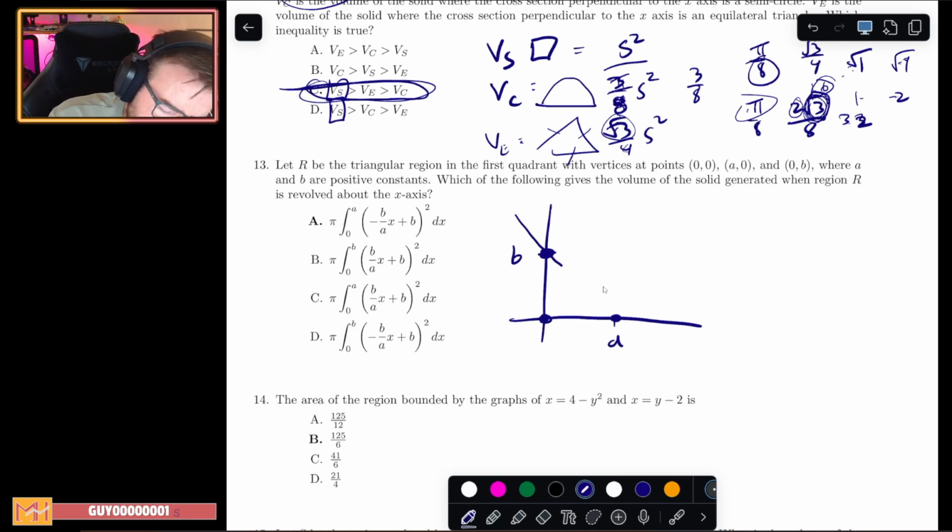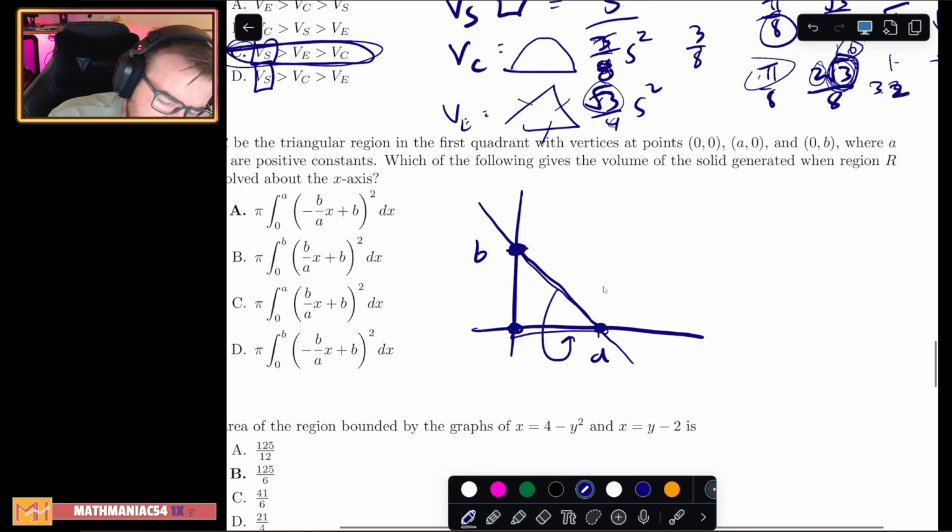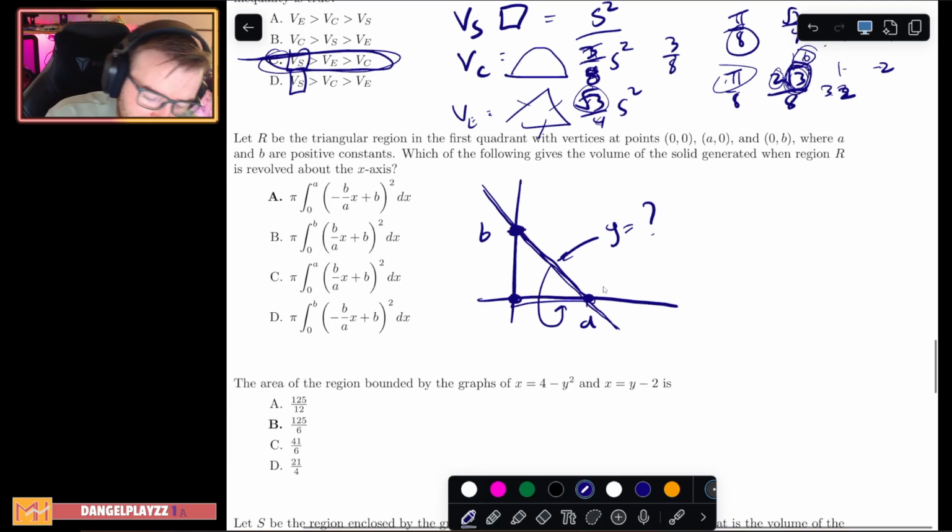So there's basically a line connecting these two points, and this region is being revolved around. So really, we just need to know, what is this equation? Well, it has a y-intercept of b, and it's just a line, right? And it has a slope of what?